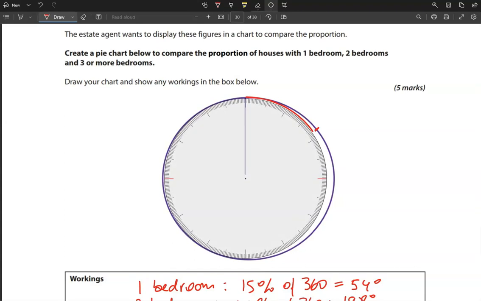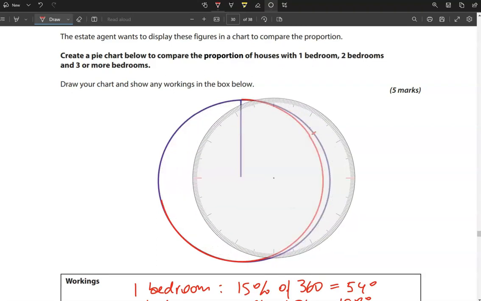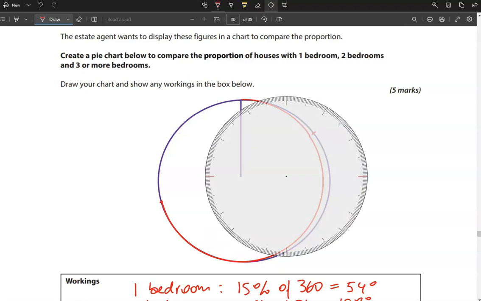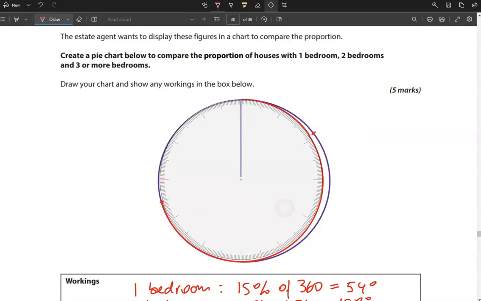198 degrees for 2 bedrooms. So 198 degrees, 1 less than what we have currently. And for 3 or more bedrooms it should be 108 degrees. Let's just double check.